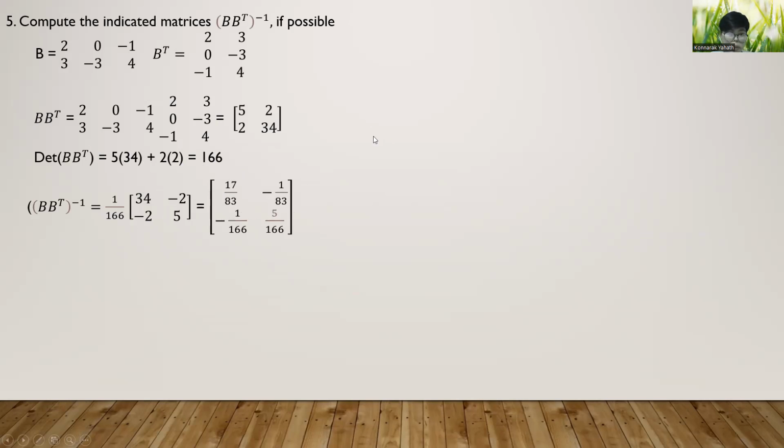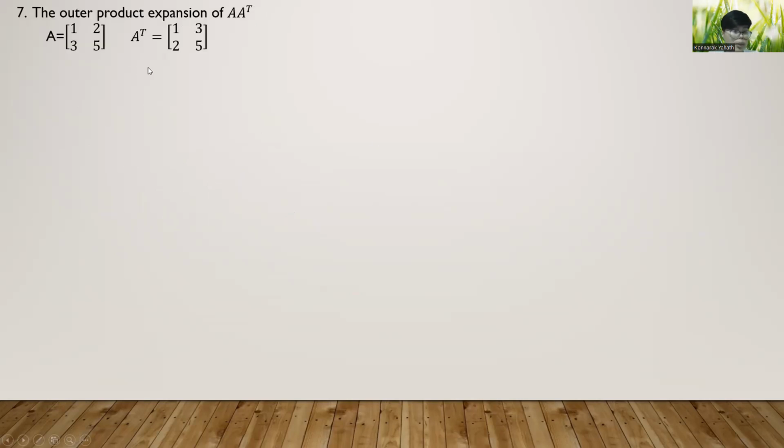Okay, move to the next problem. The problem 7. They want us to do the outer product expansion of A times AT. So first, I have to form A into the row vector here by A1 and A2. A1 represents the first row of A, and A2 represents the second row of A. So when A times AT, we get the matrix here.